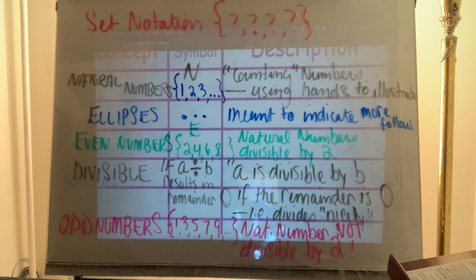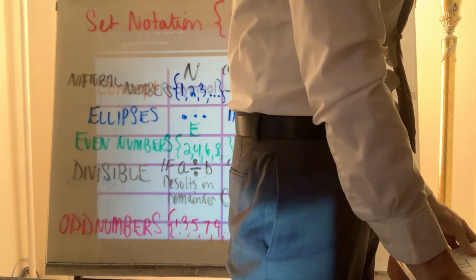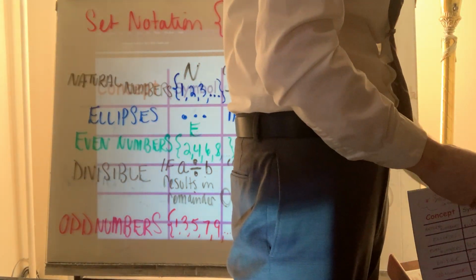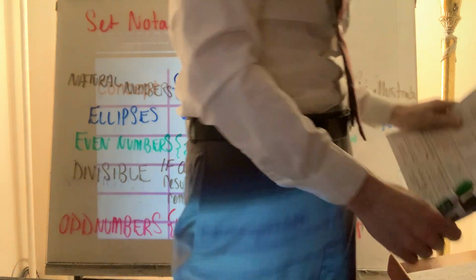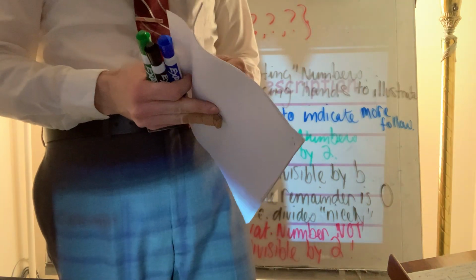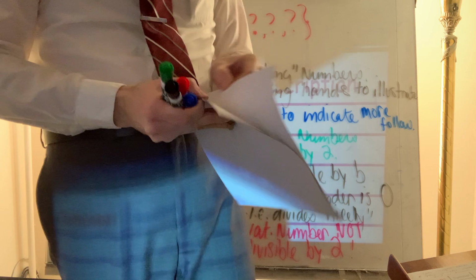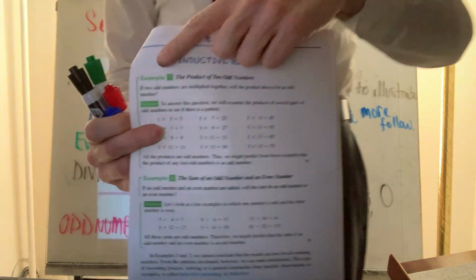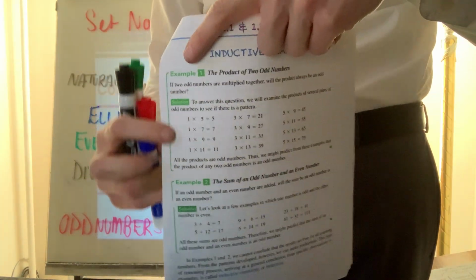My computer's falling asleep here. All right, let's do some examples. Again, in the packet of material that you could print, I'm just going to flash it really quickly. There are these green examples with the solutions included in this case.